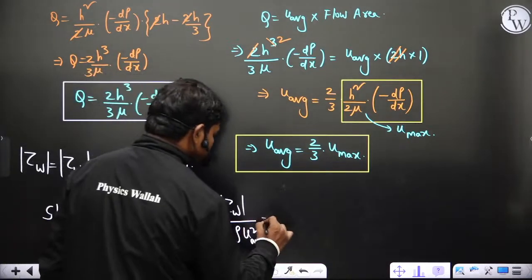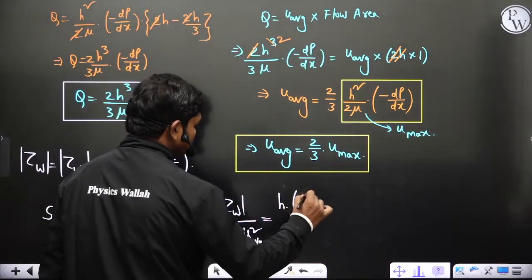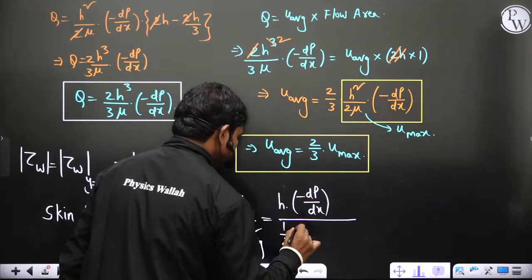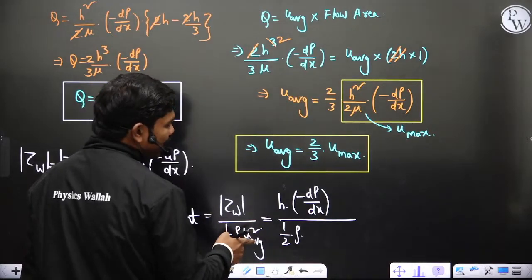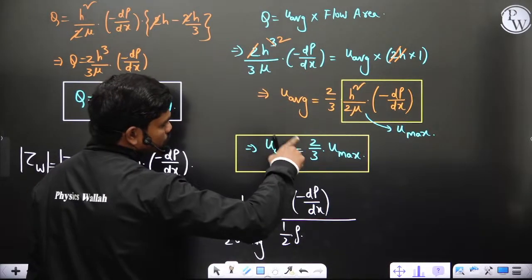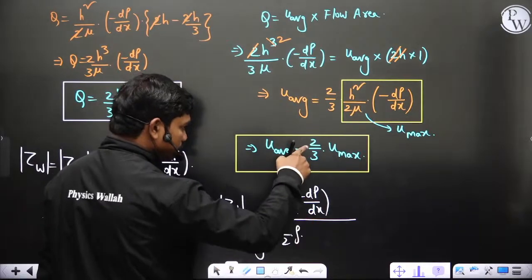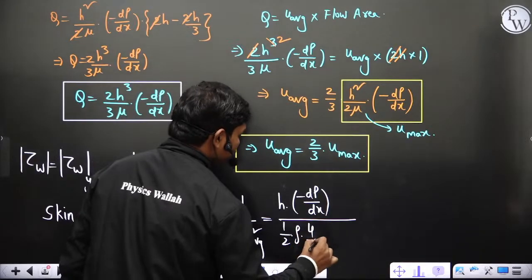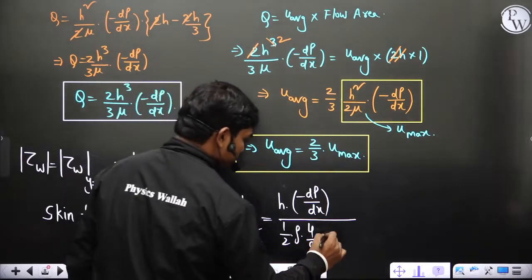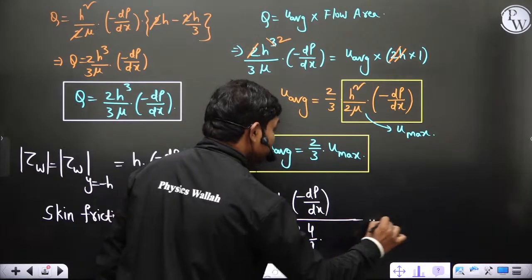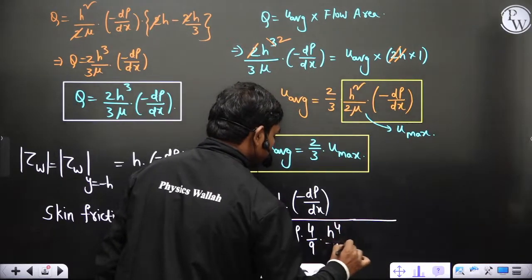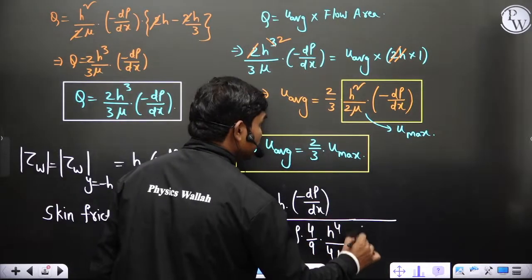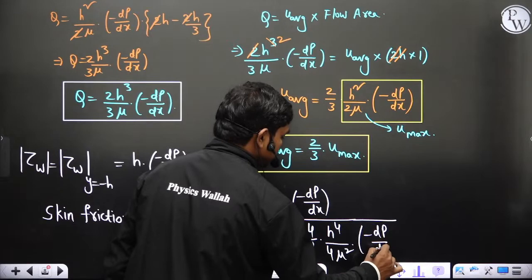Now what is this shear stress magnitude? h into minus dp by dx by half density into U average square. U average square is equal to the square of 2/3 of U maximum, so directly the square: 4 by 9 into the square of h power 4 by 4 mu square into minus dp by dx whole square.